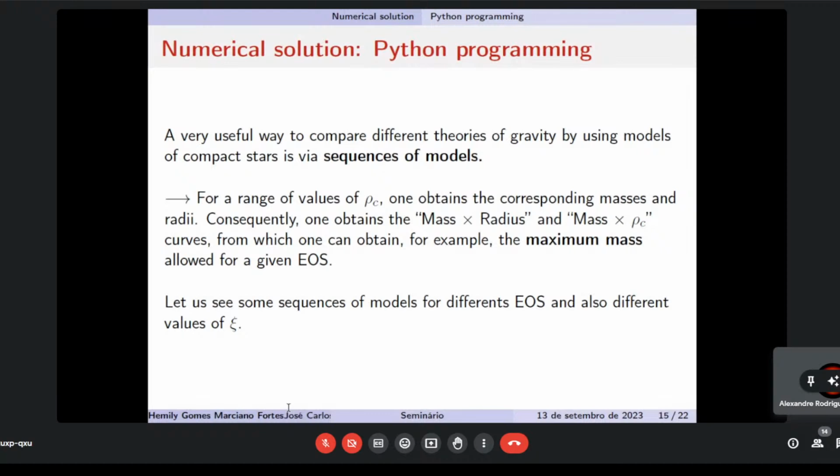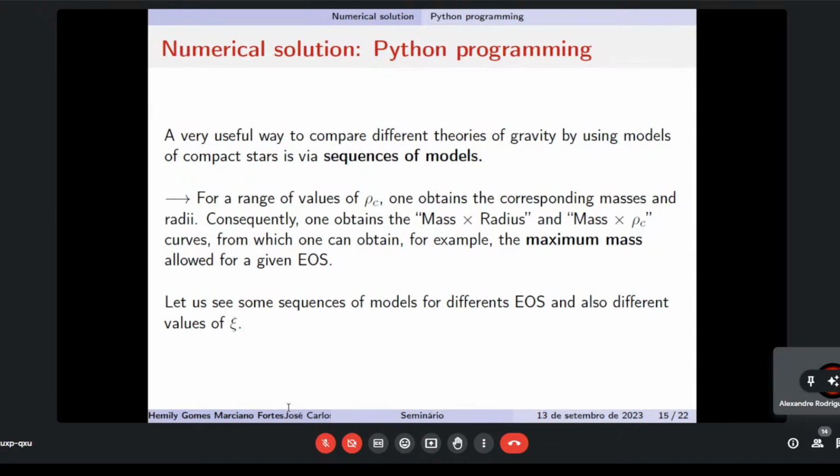There is a very useful way to compare these different theories of gravity, by using models of compact stars via sequence of models, which is to specifically choose different values for the central density and see what happens with the relation between mass and radius and mass and central density. And we obtain some curves, and we can identify what is the maximum mass for that equation of state that was chosen.